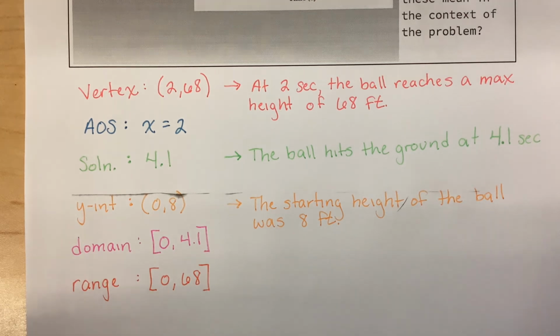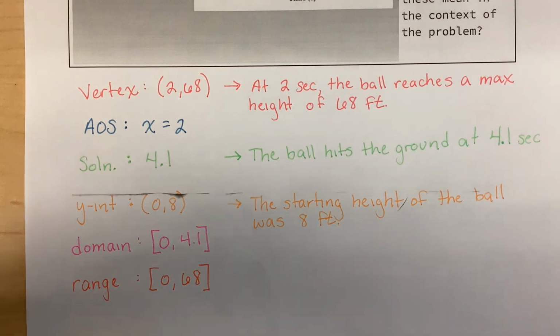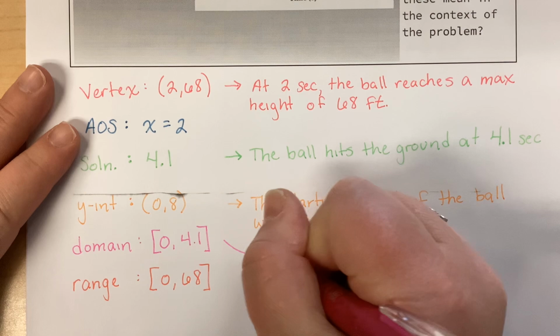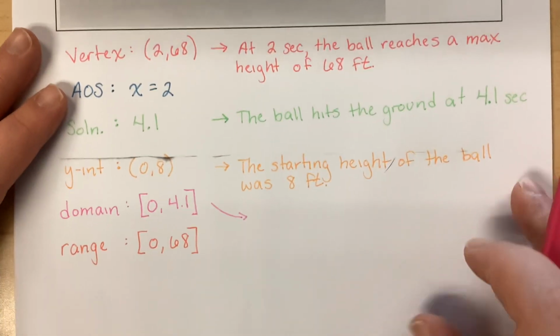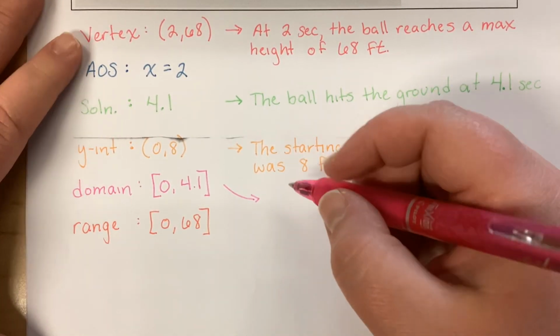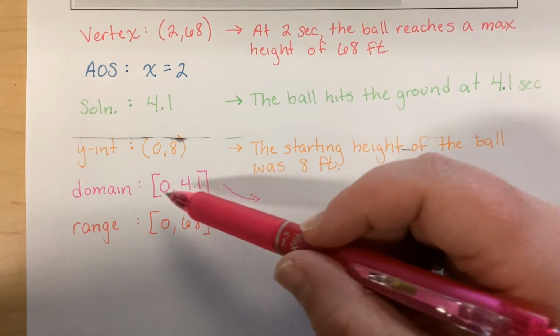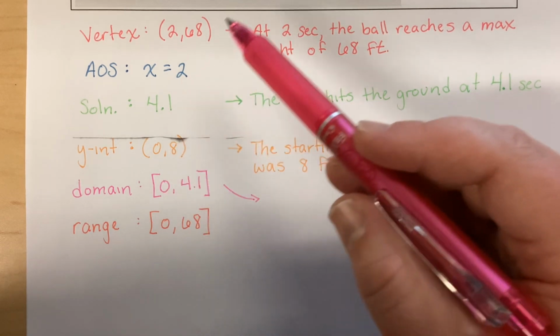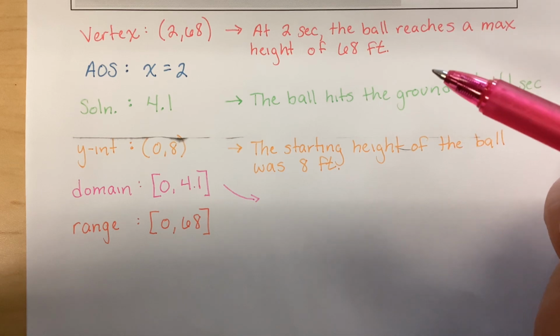Okay. All right, so let's talk about the domain and the range. So the domain goes from 0 to 4.1. So what that means is the ball was hit at time 0, and it increased and decreased and then fell back to the earth at 4.1.